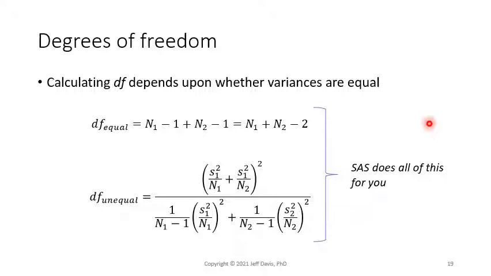As I have here, SAS will do all this for you. But take note that when we have equal variances, we have one equation for DF. If there are unequal variances between the groups, we need to do a few more calculations to make adjustments for that difference in variance.